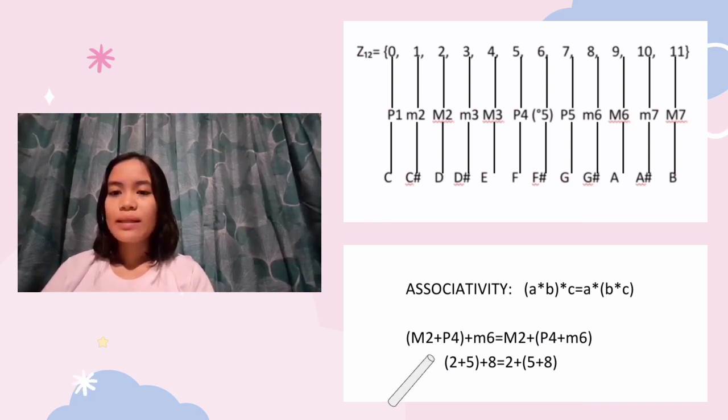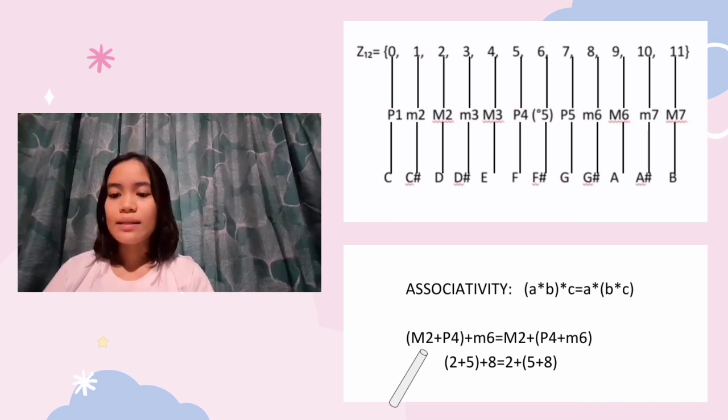So we get the quantity of 2 plus 5, which is 7, and in the table 7 is the perfect fifth, which is G, plus the minor 6, which is 8. So 7 plus 8 is 15. Modulo 12, we get 3, and 3 from the table is E flat. Applying it to the piano, we start from C, then go to G, and then to E flat.